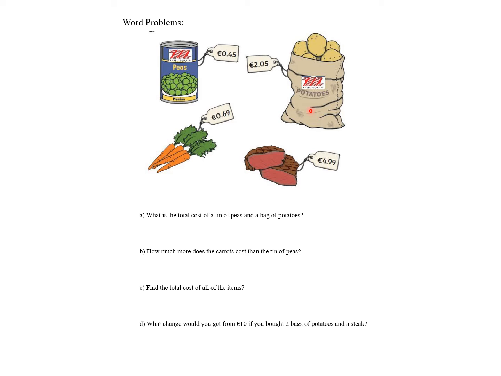Remember, you buy 2 bags of potatoes. That means 2 times 2.05 will be the cost of 2 bags of potatoes, plus 1 stick. And then you have to subtract the cost from 10 euros, which will give you the change received.